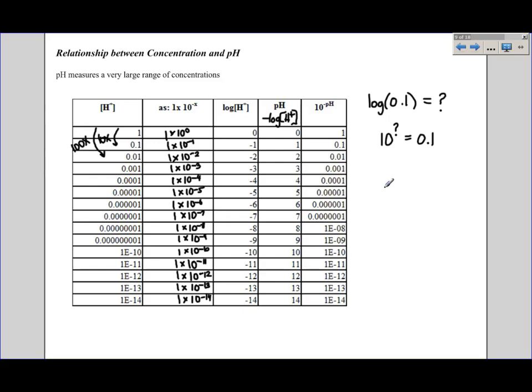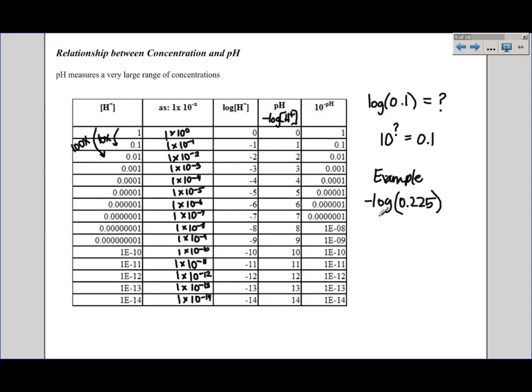So let's do a little bit of practice here on our calculator. Let's take this example, and we want to know what the log of 0.225 is. I want you to get that value into your calculator and take the negative of that. So you've got the negative log of 0.225. Now what we want to do is reverse that.